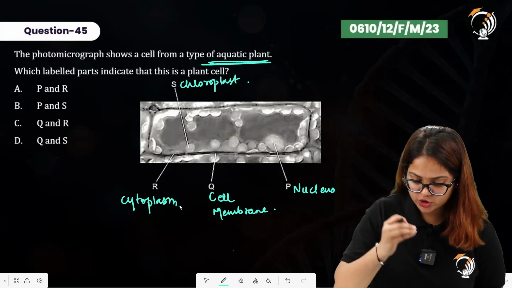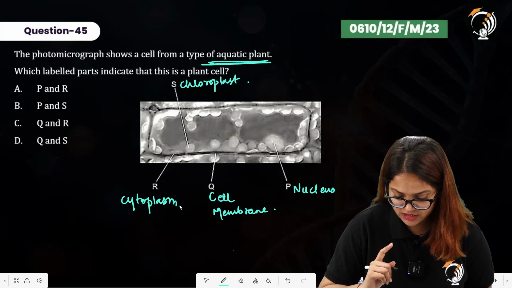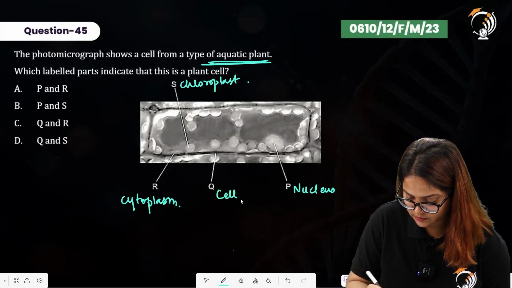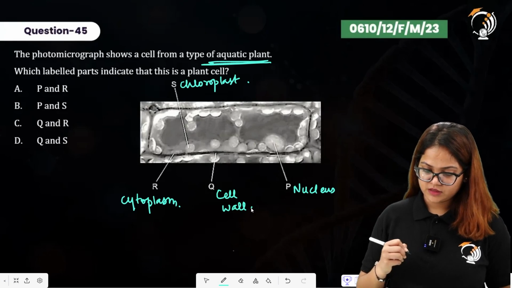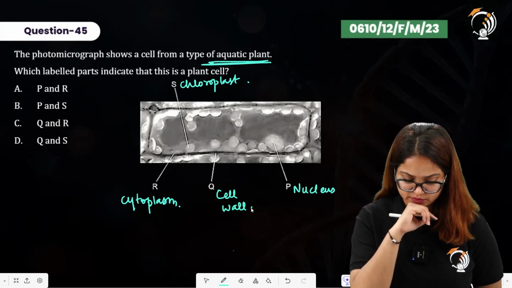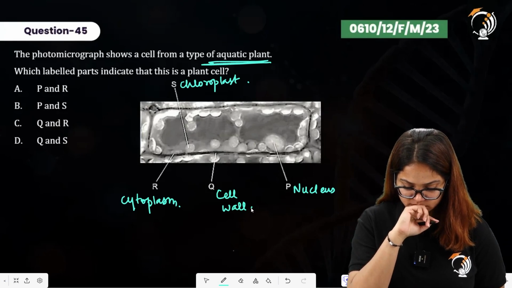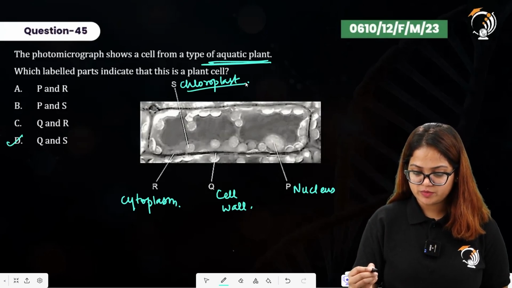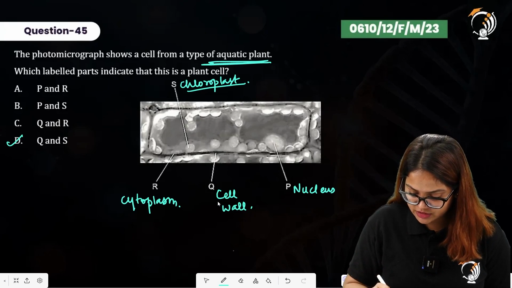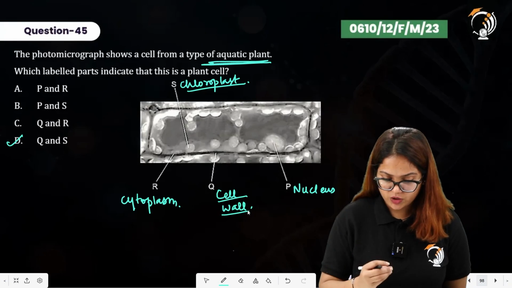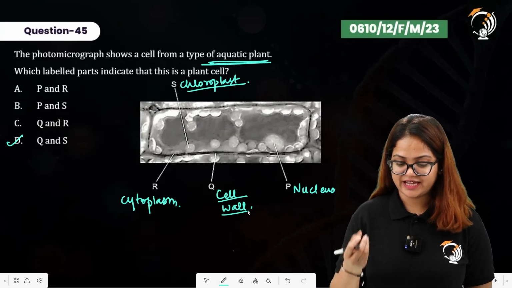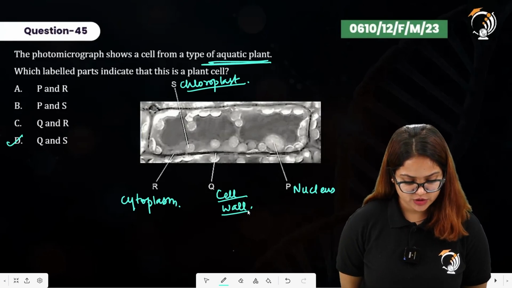This is pointing toward the inner side, and Q must be the cell wall here. So Q and S. We have got the answer as D. Due to the presence of chloroplast and cell wall, we can call this a cell taken from an aquatic plant. So Q and S.